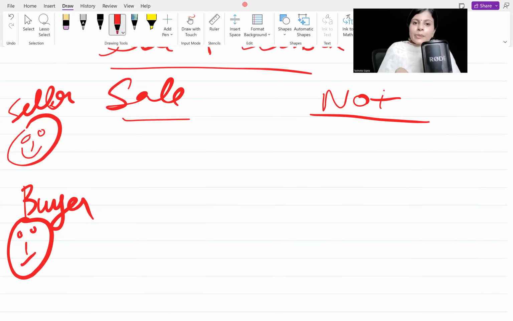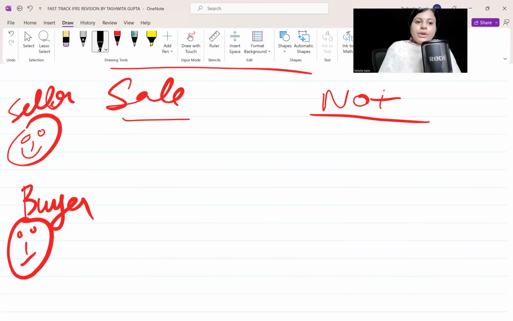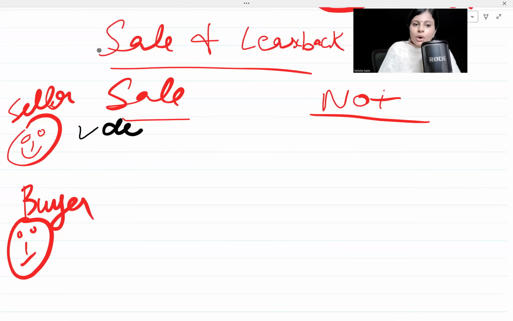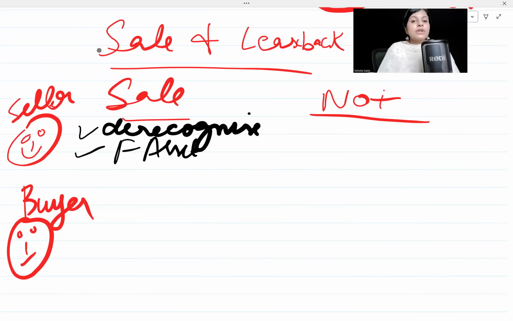If it is a sale, then simply the seller is going to de-recognize the asset, quite obvious. And it's a sale, so he will record a financial asset because he is supposed to receive money, because he sold an asset. And then he will do his lessee accounting, where he will calculate his ROU, which is calculated as PV over FV.